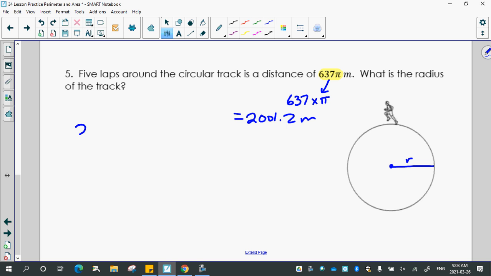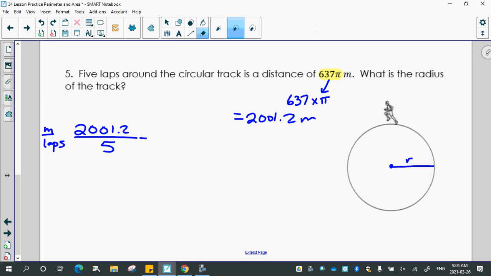Okay, so 2001.2 meters, that's 5 laps. So if I do meters over laps, you guys can just divide, but I'm going to show a proportional way to do it. Meters over laps. So we want to know how long it is for 1 lap. There's a proportional reason you can also just divide by 5, right?